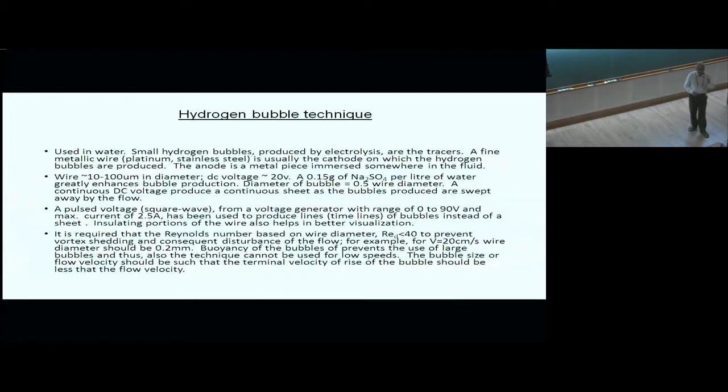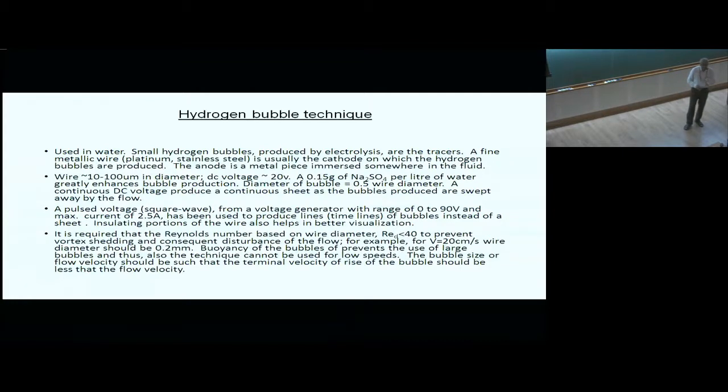So for example, the diameter of the wire itself should be small enough that the Reynolds number based on the diameter should be less than 40, because beyond that you start getting recirculation and things like that. So it will start affecting the flow itself. And of course there are all these specifications which you need to follow if you want to produce good bubbles.